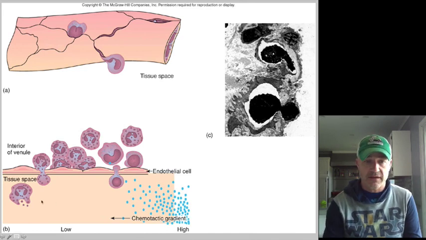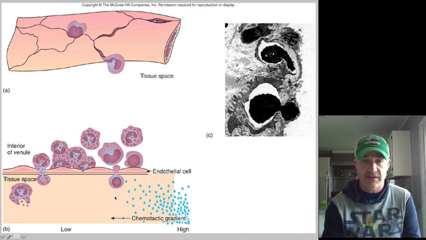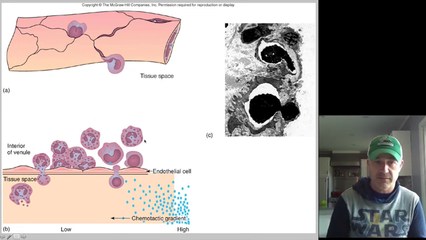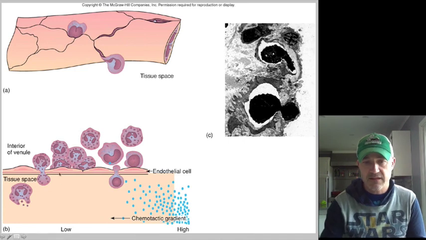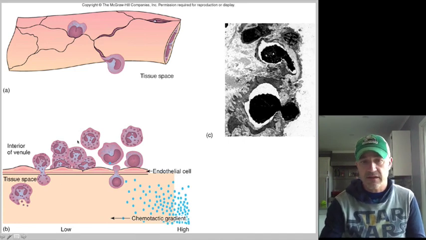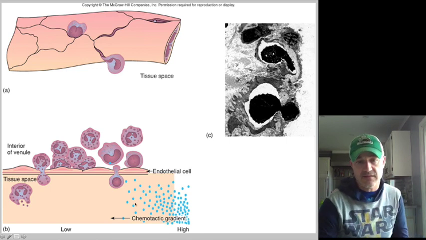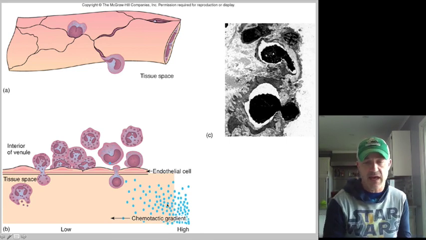They kind of roll along the edge for a little bit. We'll do that diapedesis step here, and then are going to follow whatever particular agent to where they need to be. Actually, that's the opposite, sorry. They're going to be coming out of the bloodstream here, going towards whatever this gradient is of some type of cytokine and following that to the site of the infection.